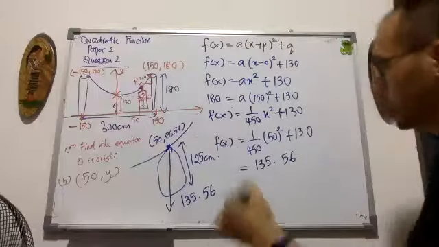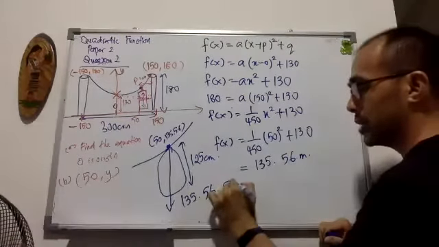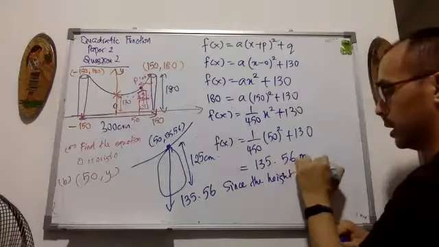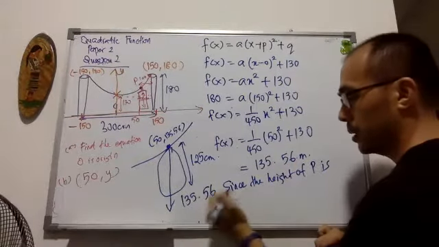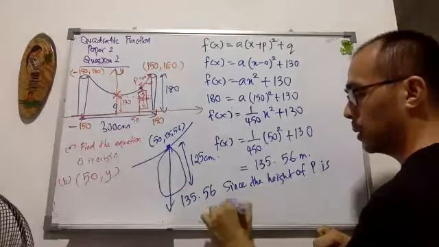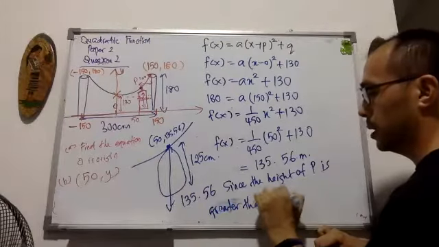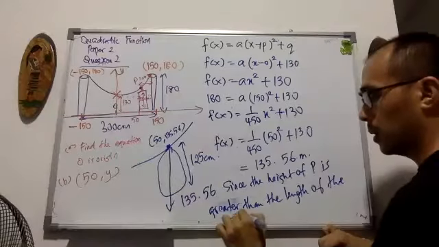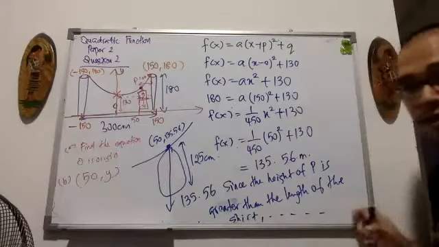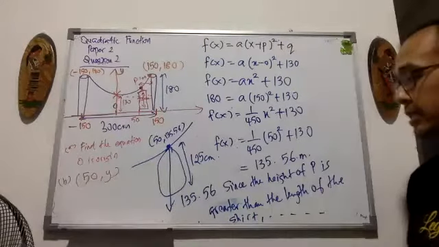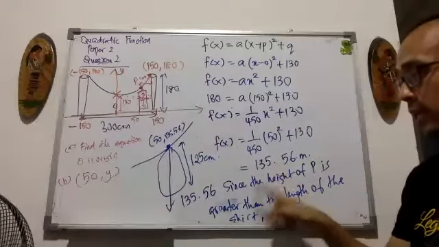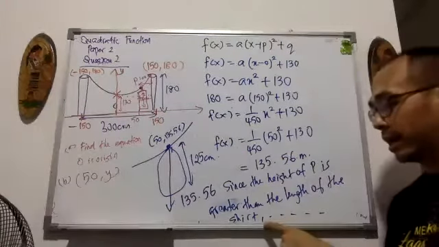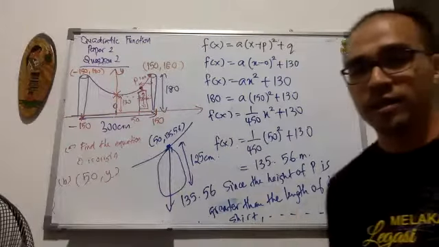So once we find this, you can write: since the height of P is greater than the length of the shirt, which is only 125 cm, therefore the shirt will not touch the ground. I got no more space to write the rest, so I'm sure you can answer this on your own.